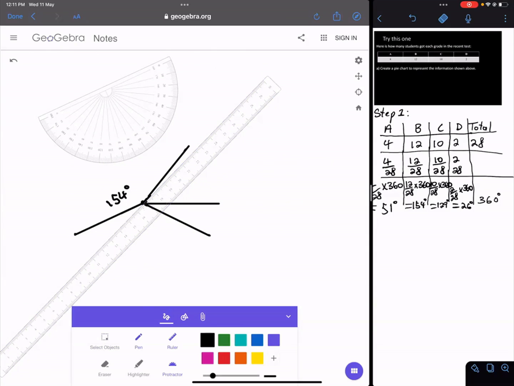Alright, so we have our angles perfectly drawn. So the remainder that was left should be 26, which will give us a total of 360 degrees going all around.